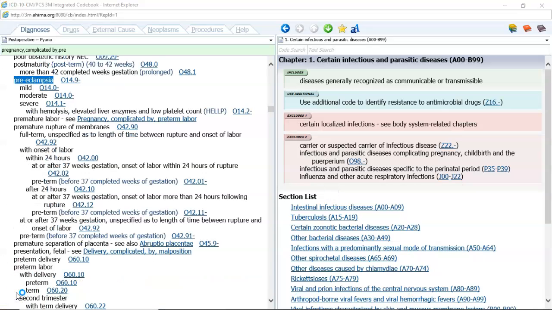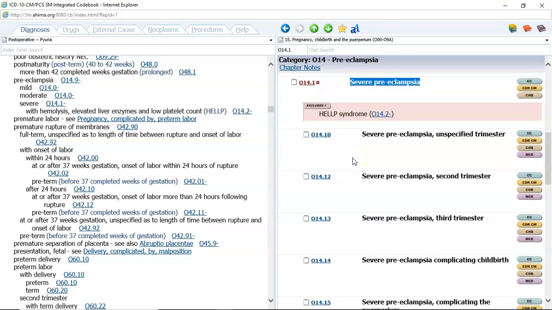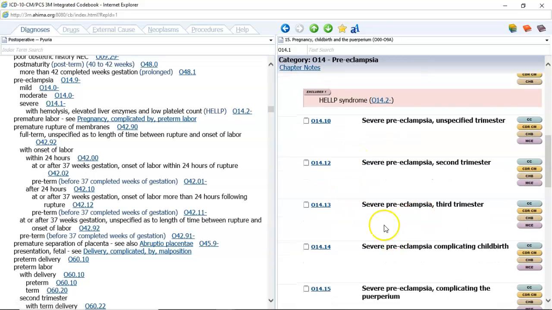In the index, I can put in pregnancy complicated by preeclampsia, and this is severe preeclampsia. So we would select O14.1, and she is in her 3rd trimester.